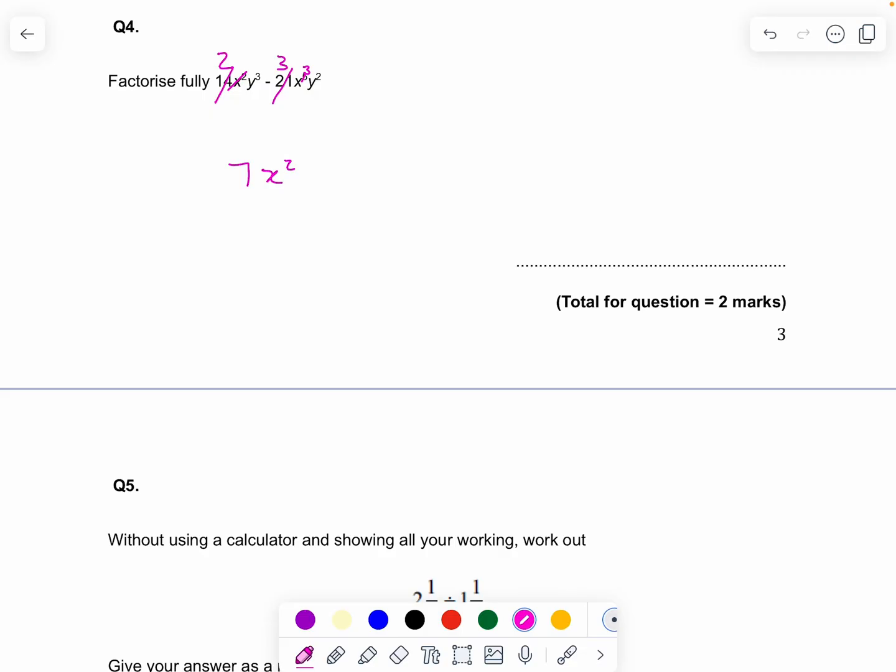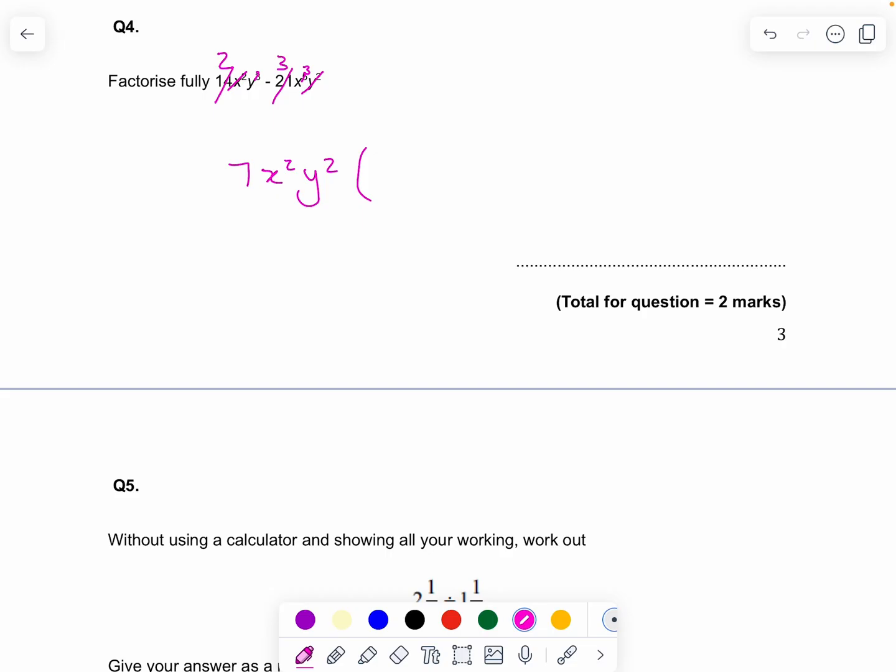Look for the smallest power so that you can take it out of both. Smallest power of y I can take out is y squared, so I can take out a y squared. And so 3 take away 2 is 1, so that just becomes y to the power of 1. So that all comes outside the brackets. Inside the brackets, I have what's left over.